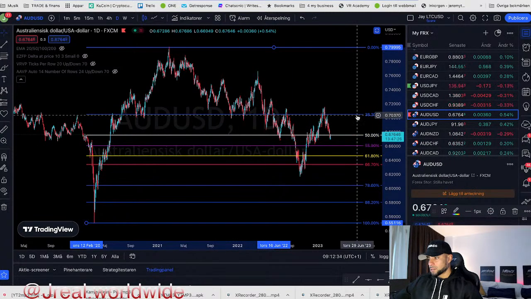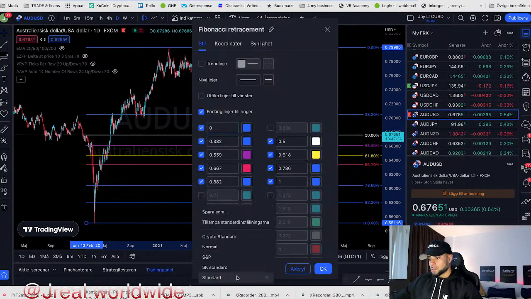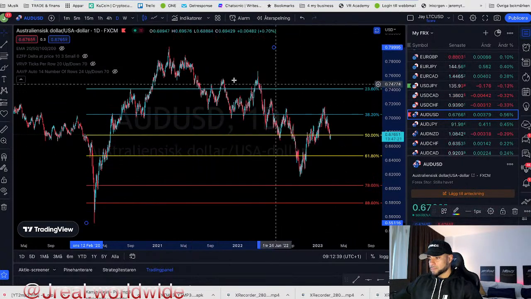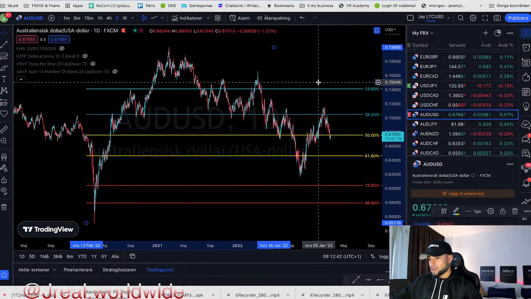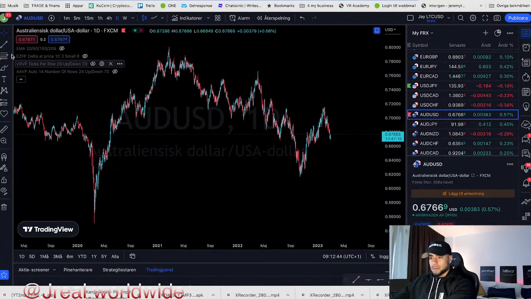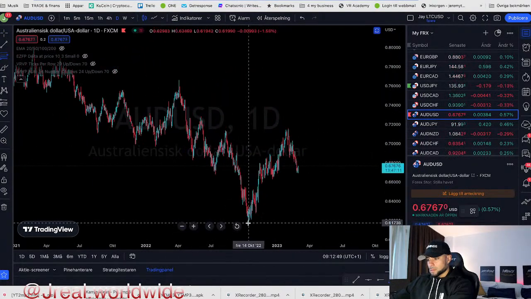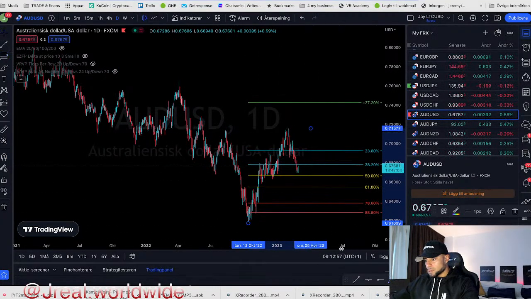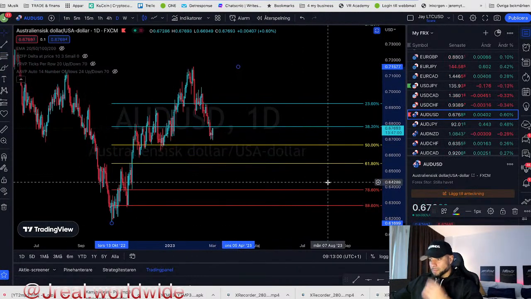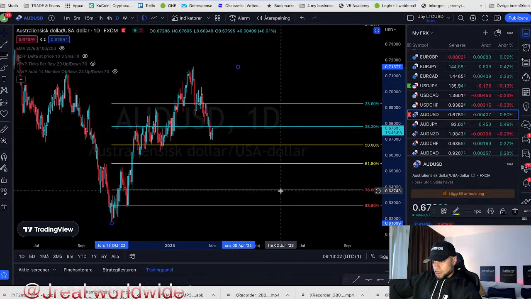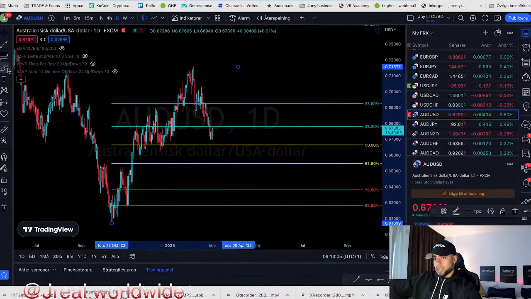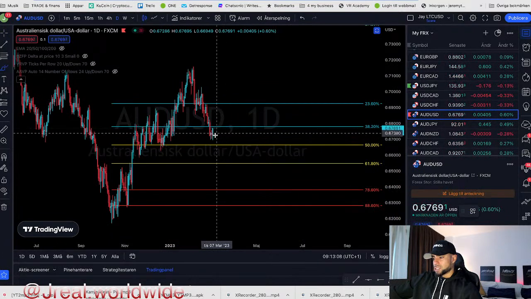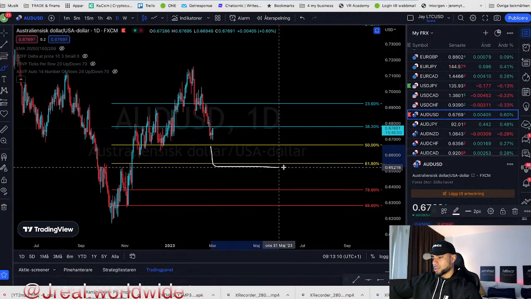Oh, that's interesting. Okay. All right, so what's going on here is that I would argue that the market needs to come down to the sweet spot, to this zone.